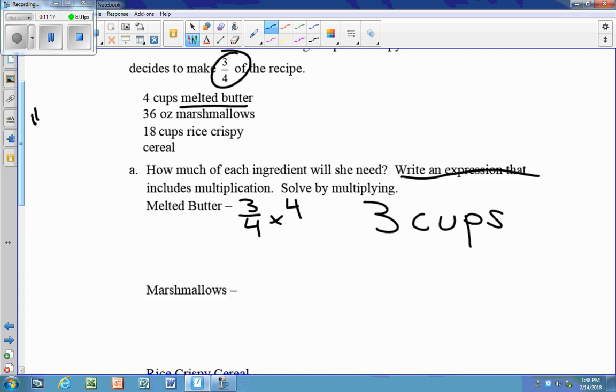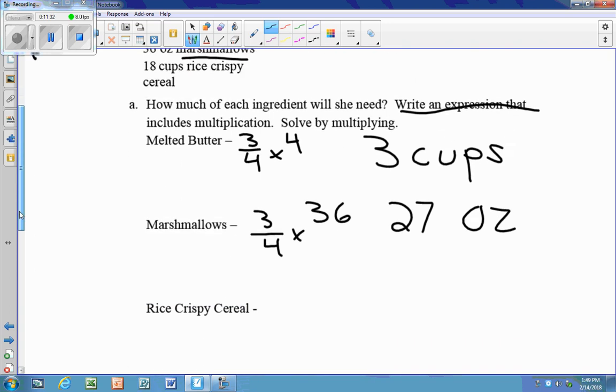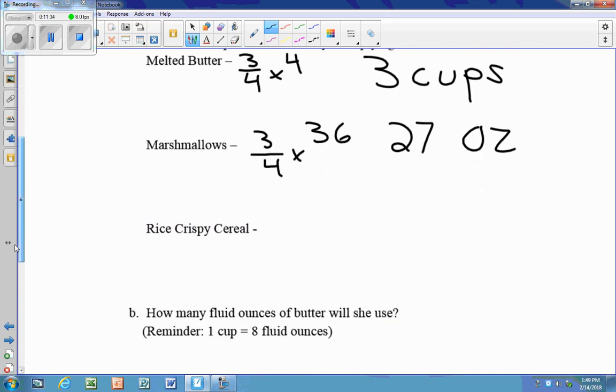Next, we're finding 3/4 of the marshmallow. So we're doing 3/4 of 36. And when we do that, we end up with 27, and that's ounces, OZ. And then the Rice Krispie cereal had 18. So we're finding 3/4 of 18. This one we can't do our division. We have to do the multiplication part out.